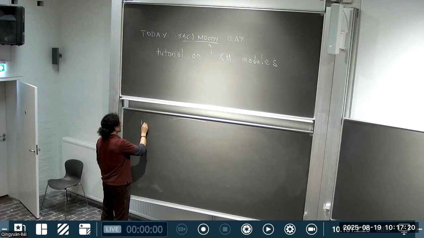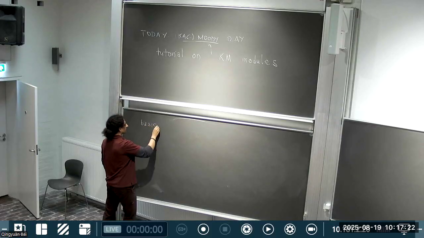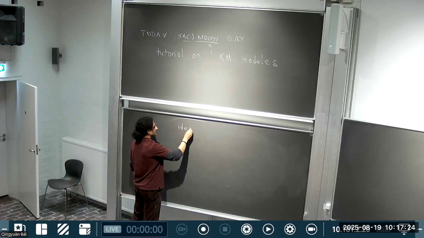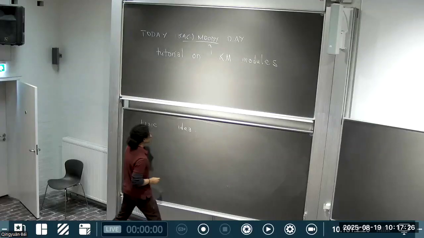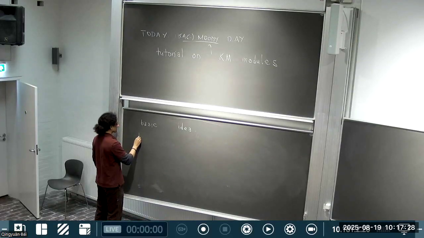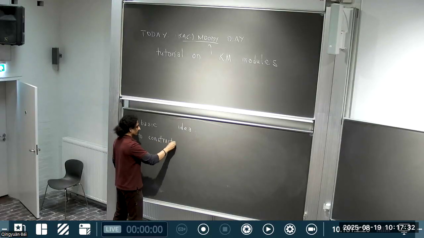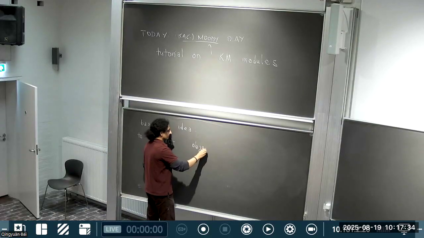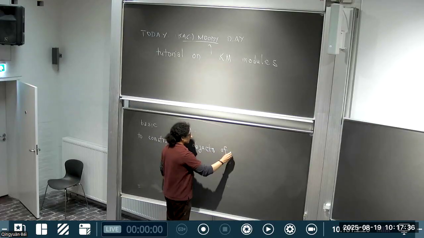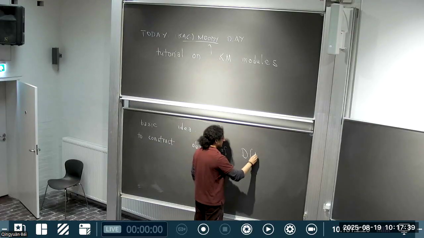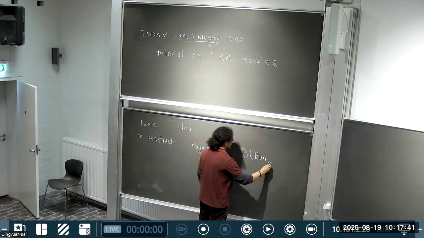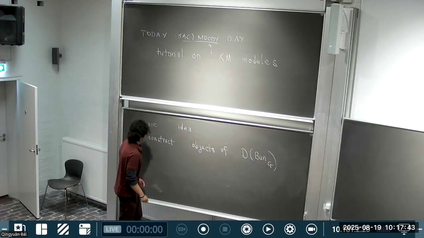Here's a very basic idea: to construct objects with D-modules from G, there's kind of three basic views.